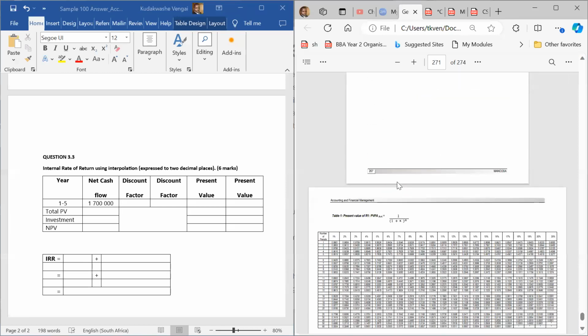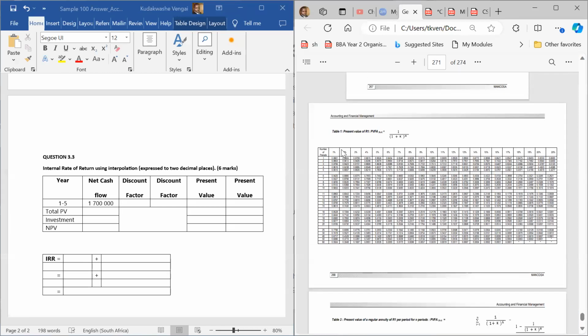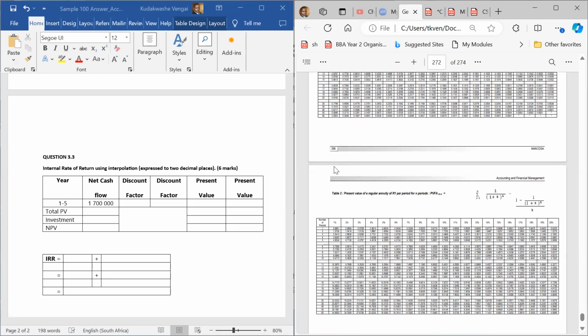These tables are under appendices in your study guide: there is table number 1 and there's table number 2. The one that you're going to need for internal rate of return, we usually recommend you use table number 2, because usually you are doing cash flows that are the same each and every year, which means you're going to calculate an annuity. That's why you need table number 2.